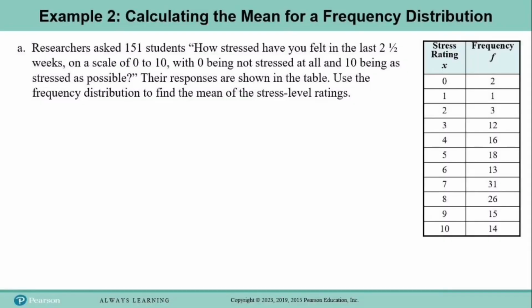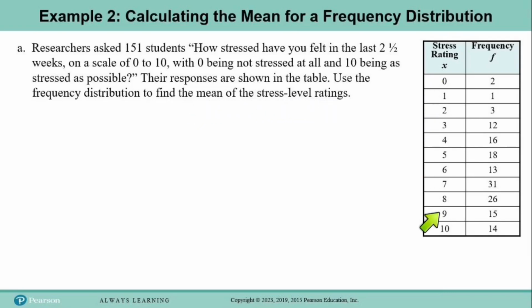Now here's example 2, and it says, researchers asked 151 students, how stressed have you felt in the last 2.5 weeks on a scale of 0 to 10, with 0 being not stressed at all, and 10 being as stressed as possible. The responses are shown in the table, and they've asked us to use the frequency distribution to find the mean of the stress level ratings.